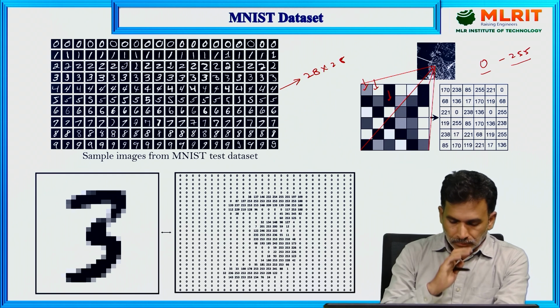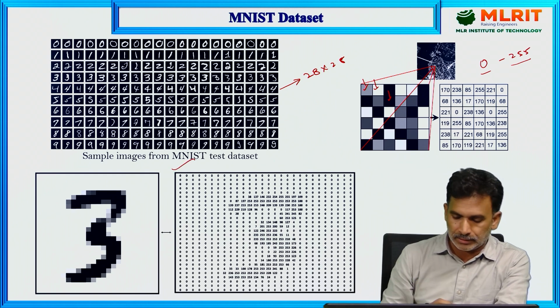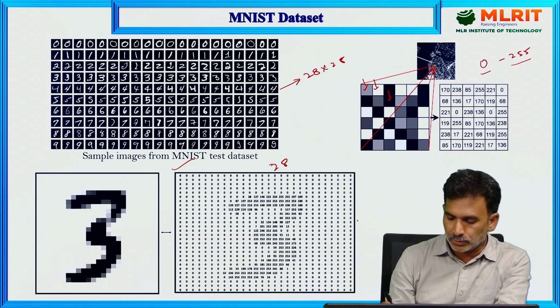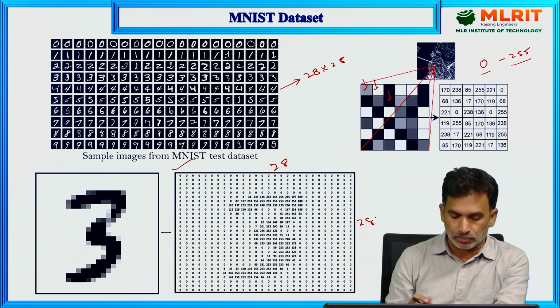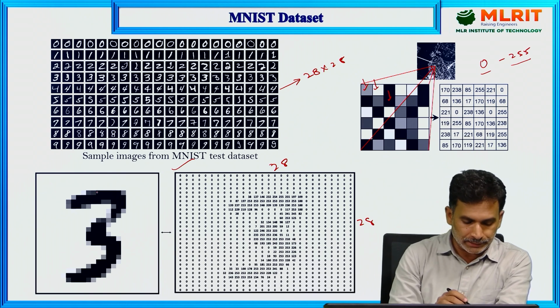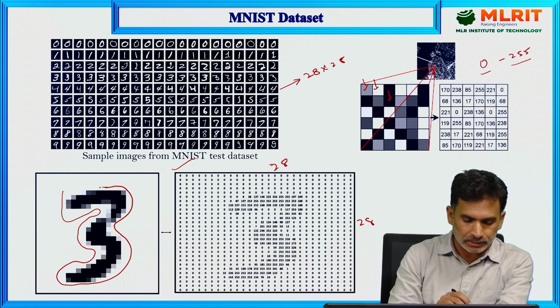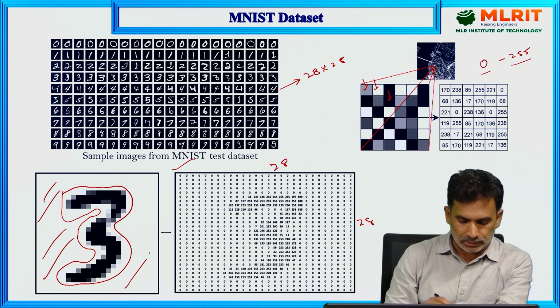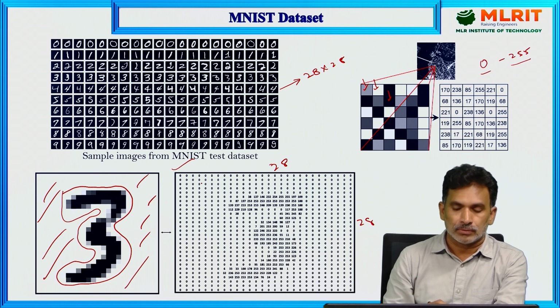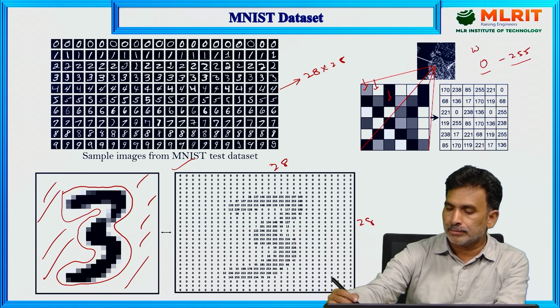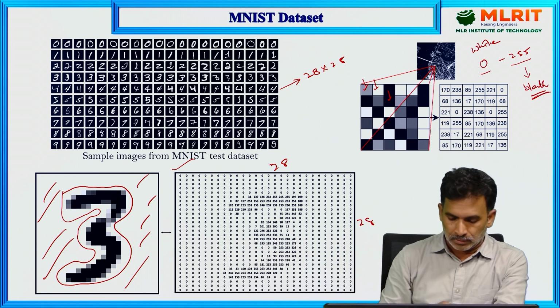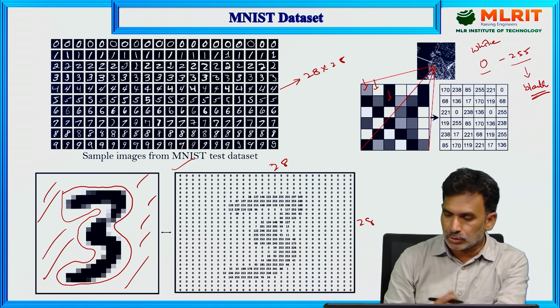If you look at this image, it's 28 by 28 pixels. Outside this region, all the values are 0. So 0 here is white and 255 is black, and the values are within the range from 0 to 255.